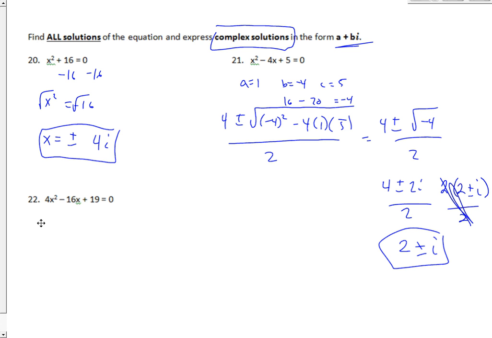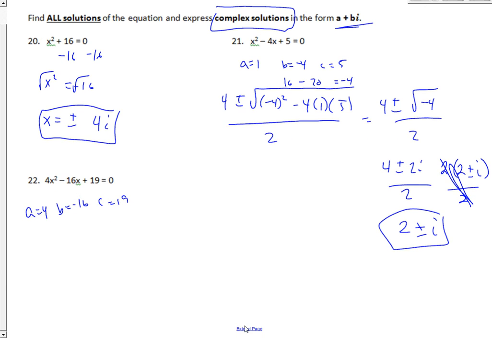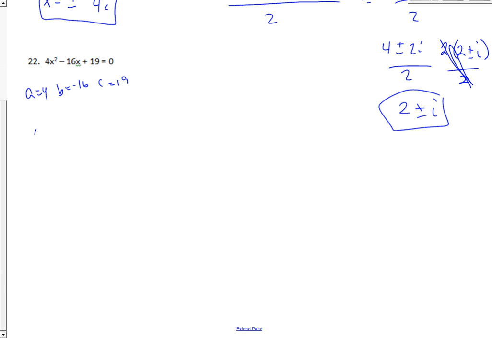Same thing with 22. a equals 4, b equals negative 16, c equals 19. So I'm going to use the quadratic formula. I'm going to get 16 plus or minus the square root of negative 16 squared minus 4 times 4 times 19 all over 2a, so 2 times 4.